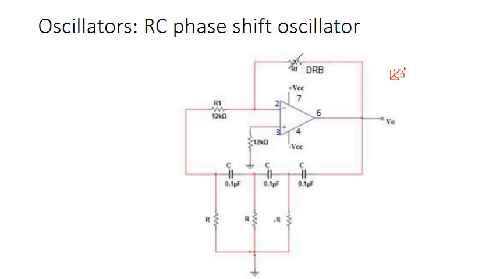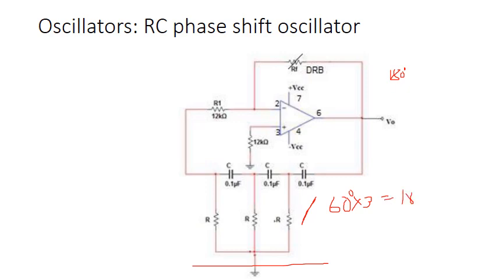Then we have the RC network combination over here. Three RC combinations are connected back to back. Each RC combination will provide a phase shift of 60 degrees. So the three RC networks will provide a phase shift of 180 degrees.